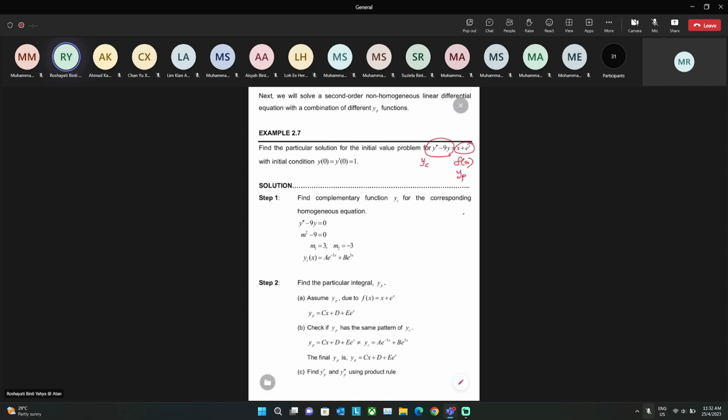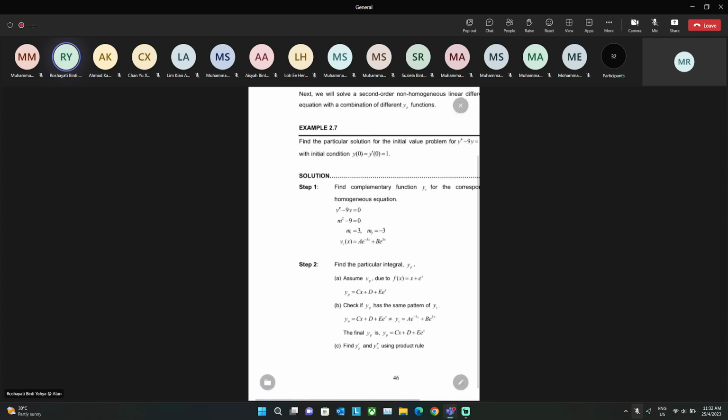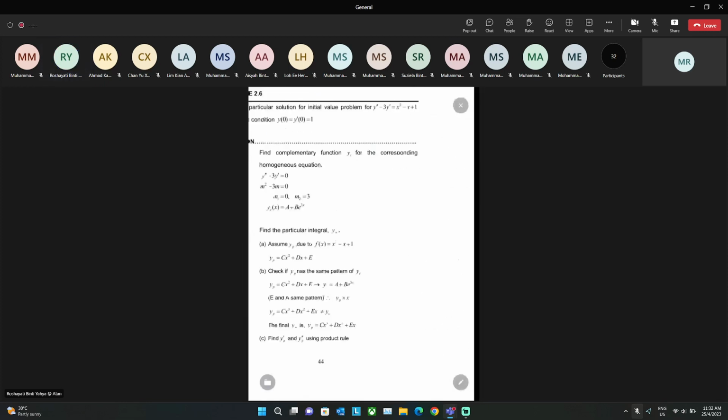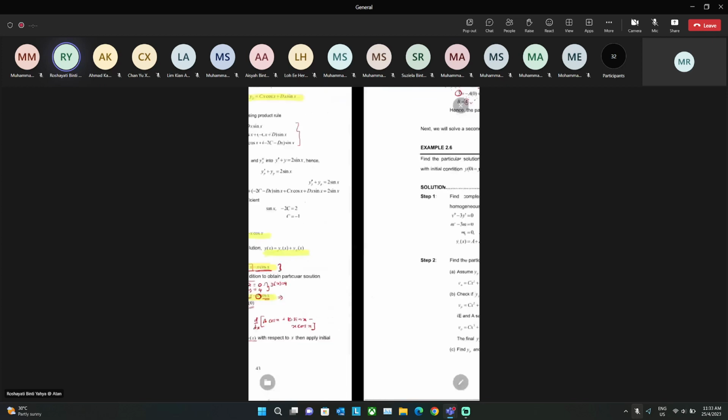So for your right hand side, based on your f(x) equal to x plus exponential x, here you need to refer to table 2.1. Check your table 2.1.